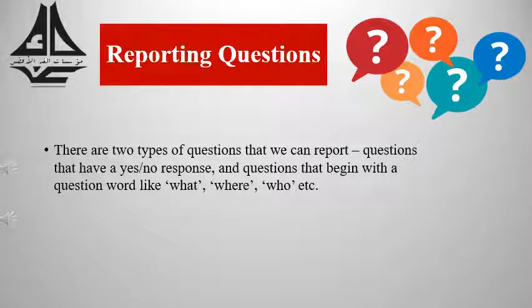As I said before, there are two types of questions that we can report. There are questions that have a yes/no response and the questions that begin with a question word or WH question word, like what, where, who, etc.